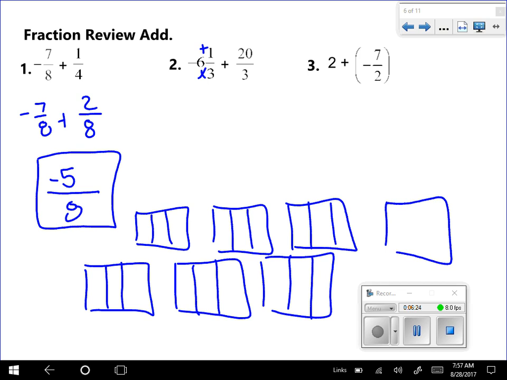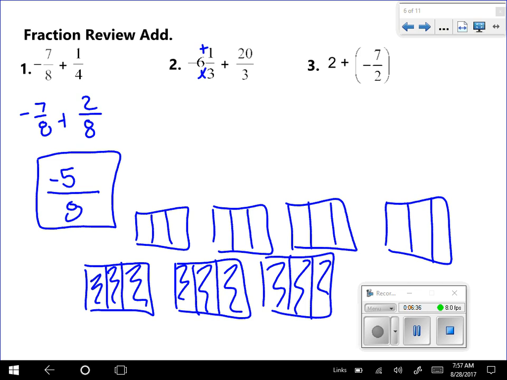Okay, so I actually drew 7 boxes because I have 6 wholes and then an extra piece. So if I shade all of these in, because that's a whole, there's 2 wholes, there's 3 wholes, there's 4, 5, 6, okay, and then 1/3 I shade in.